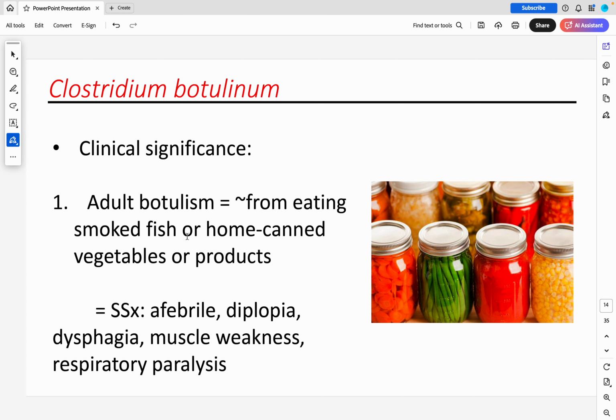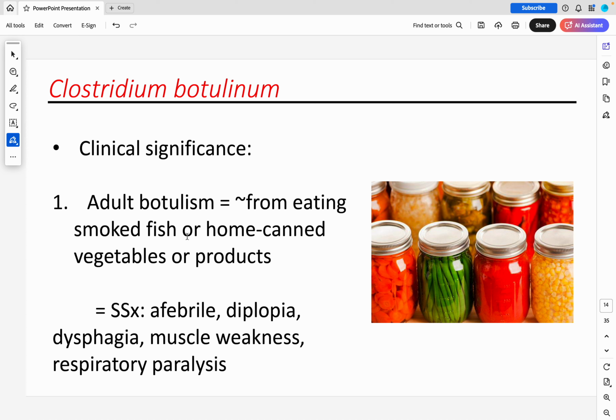Now, the kinds of diseases that C. botulinum infection may cause include adult botulism, which is associated with consuming smoked fish or home canned vegetables or products. Adult botulism can cause systemic shock, which is usually afebrile, without fever.